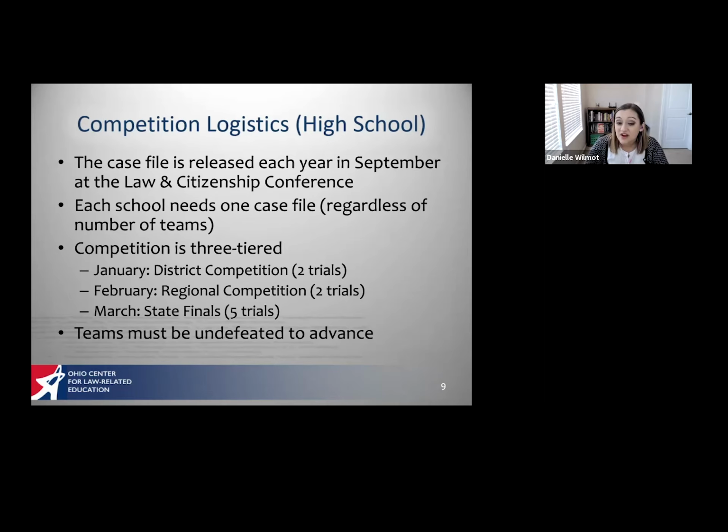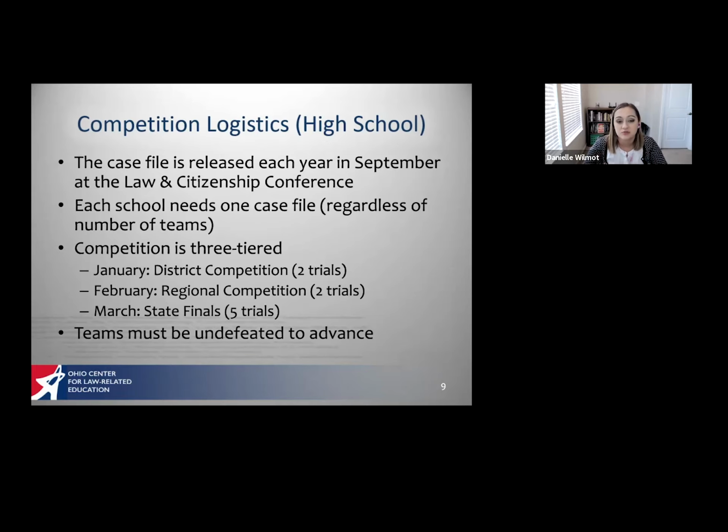And then moving on from there, if your team makes it out of regionals, then they move on to the state competition, and that takes place in March. And that will take place in Columbus. We host the state competition in Columbus, where our organization is based, and that is a 5-trial tier.